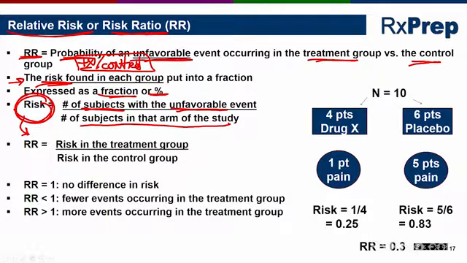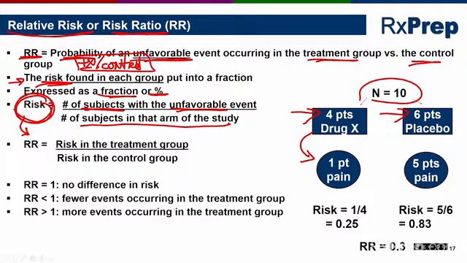So let's go through a really simple example I put over here on the side. We have 10 patients in this trial, and we randomized 4 to drug X and 6 to placebo. So that's our raw data. We don't have the risk yet. Further, we're looking at this drug to reduce pain.